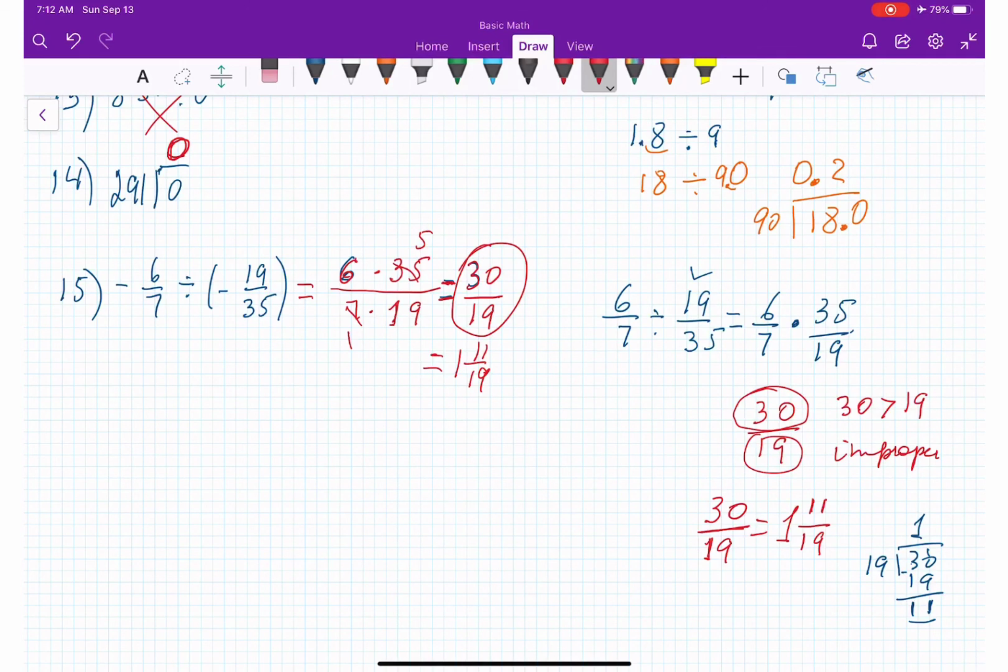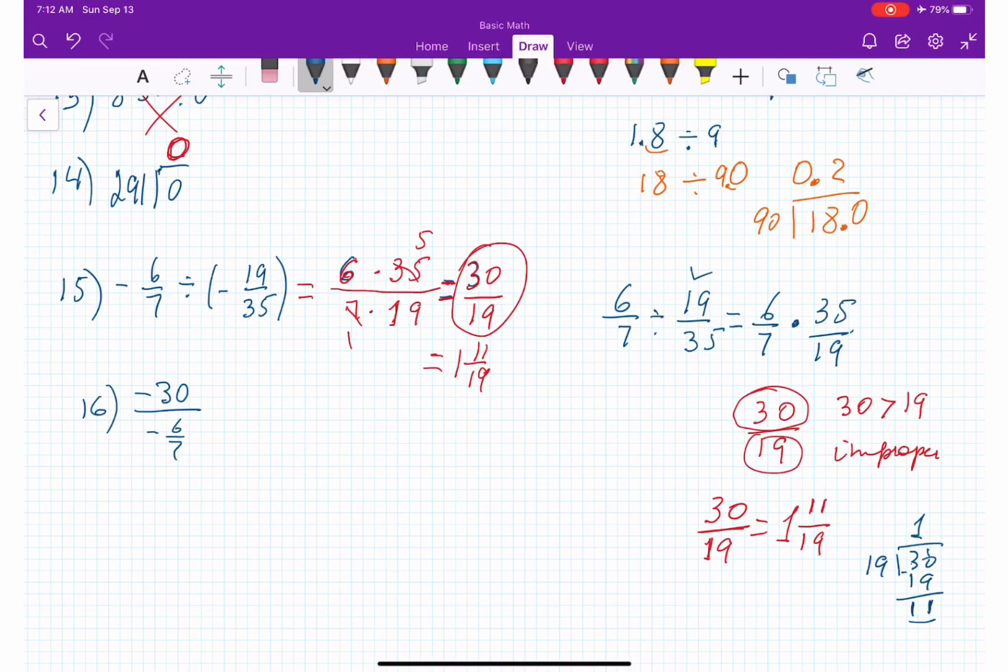Okay, question number 16. Negative 30 divided by negative 6 over 7.